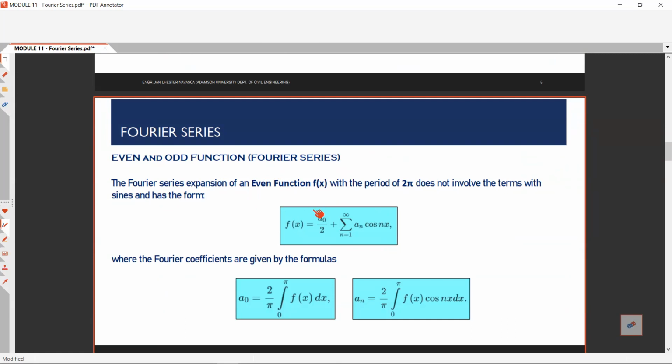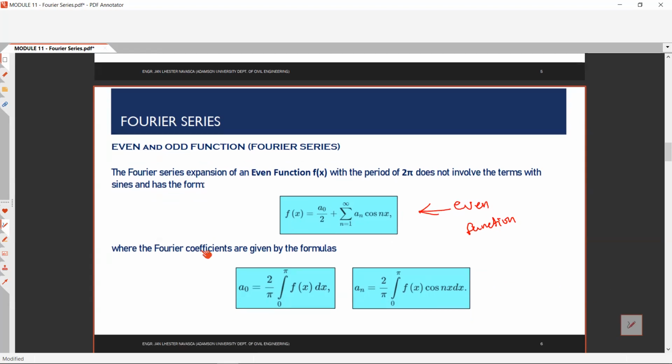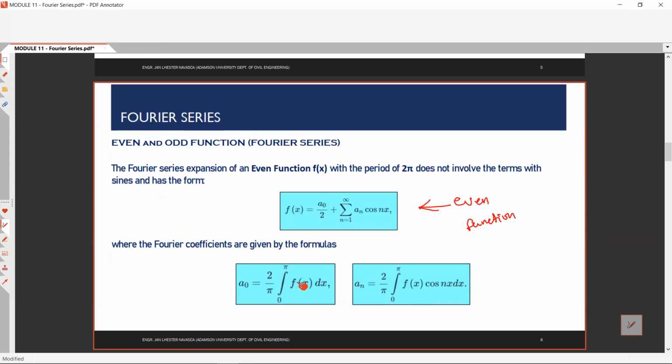Kapag even, this one is for even function, where the Fourier coefficients are given by the formula 2 over pi integral of 0 to pi f of x dx, and 2 over pi integral of f of x cosine nx dx.